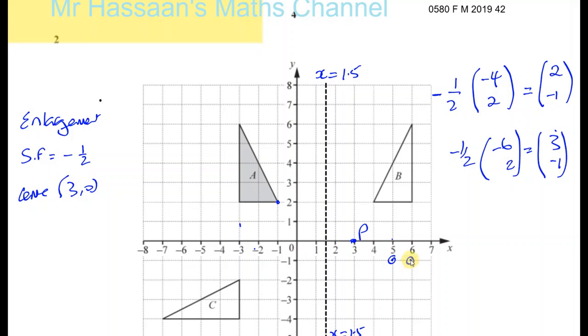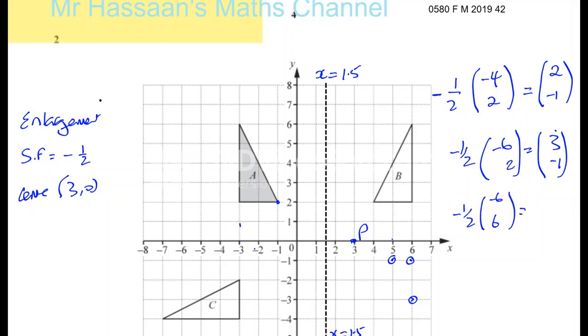And we should realize that this is 1, 2, 3, 4 spaces. So this is going to be 2 spaces. So I can imagine that the last point is going to be there. But because it's a negative scale factor, some people might be confused. Is it this side or that side? So again, if you're not sure, you can just use minus a half times a vector that takes you from the center to the object. So this time you're going to go minus 6 and plus 6.